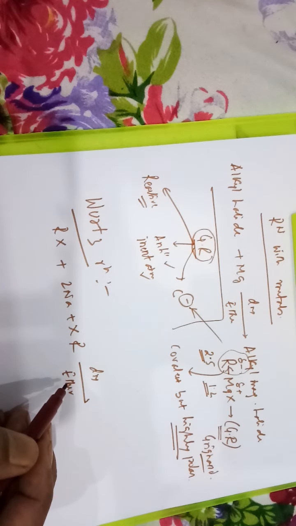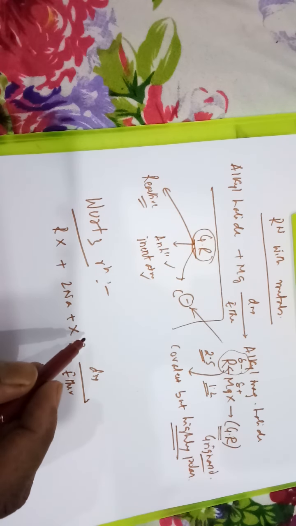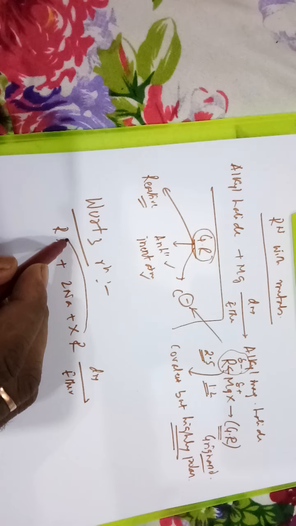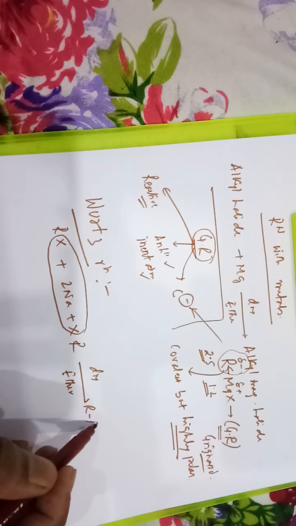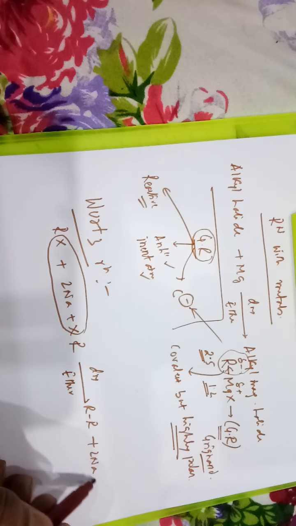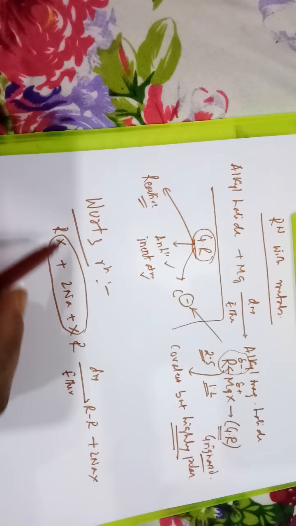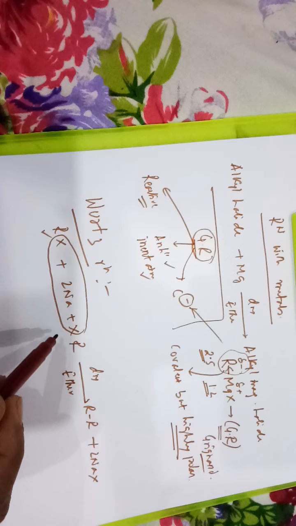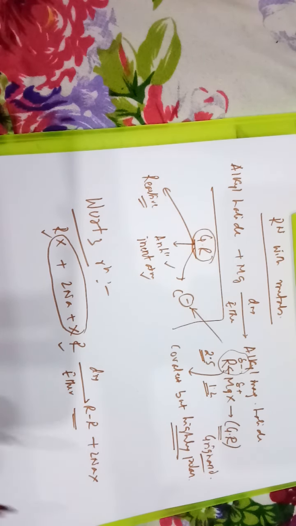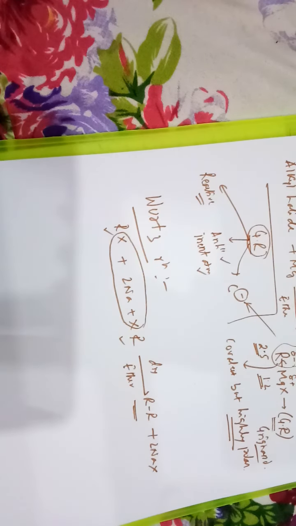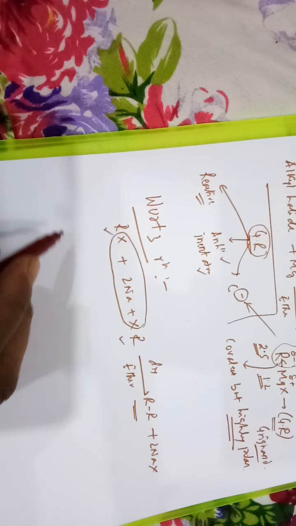Always use dry ether, otherwise the alkyl halide is converted into alcohol. So there is a loss of 2 NaX, giving R-R plus 2 NaX. Using one R and another R, they combine together. So if you want to get a double number of carbon atoms, you have to use Wurtz reaction.